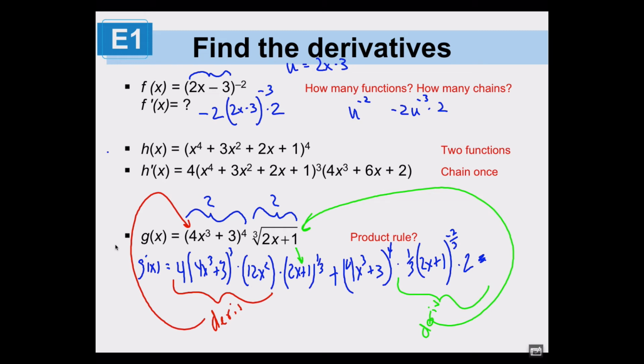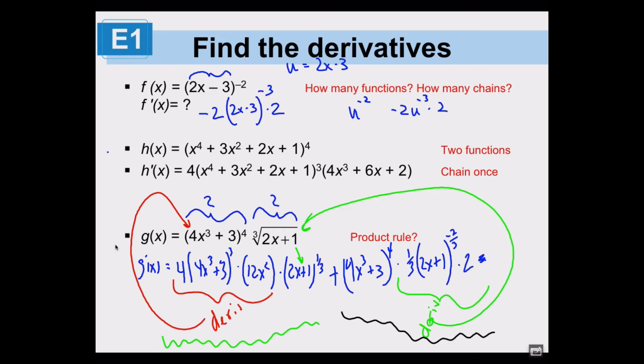Perfect. What would you factor out? What do these two terms, 2x, what does this term and this term have in common? They have a 4x cubed plus 3 to the third power.